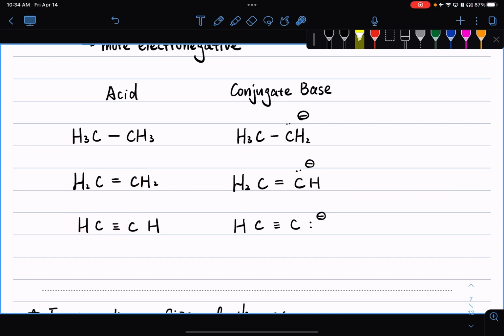Anyway, we're talking about the acid here. So we have sp3 carbon, sp2 carbon, and sp carbon. When we say the hybridization is different, here you have the negative charge on the sp carbon. The sp carbon has more s character, so it is more electronegative.